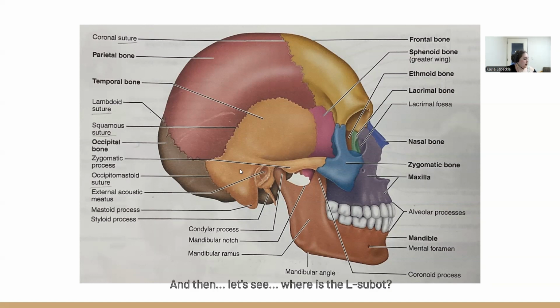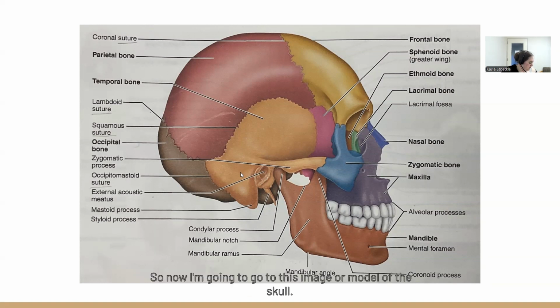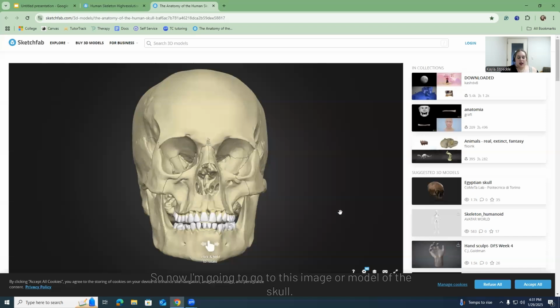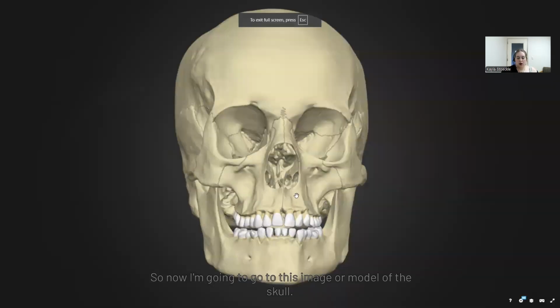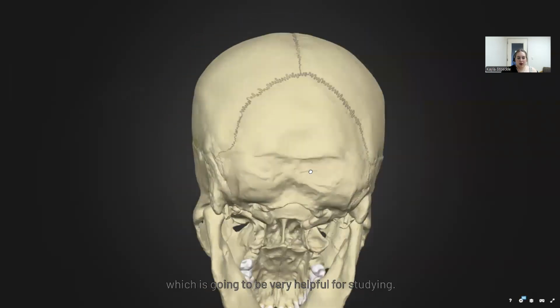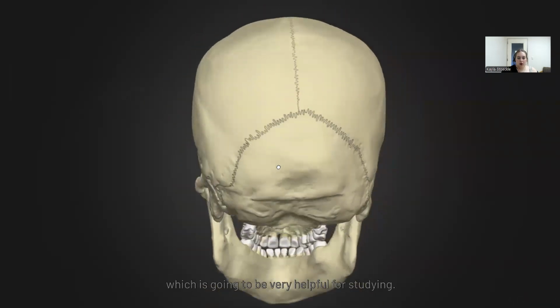And then, let's see, where is the occipital bone? So now I'm going to go to this image or model of the skull. You can see here, this one you can move around, which is going to be very helpful for studying.